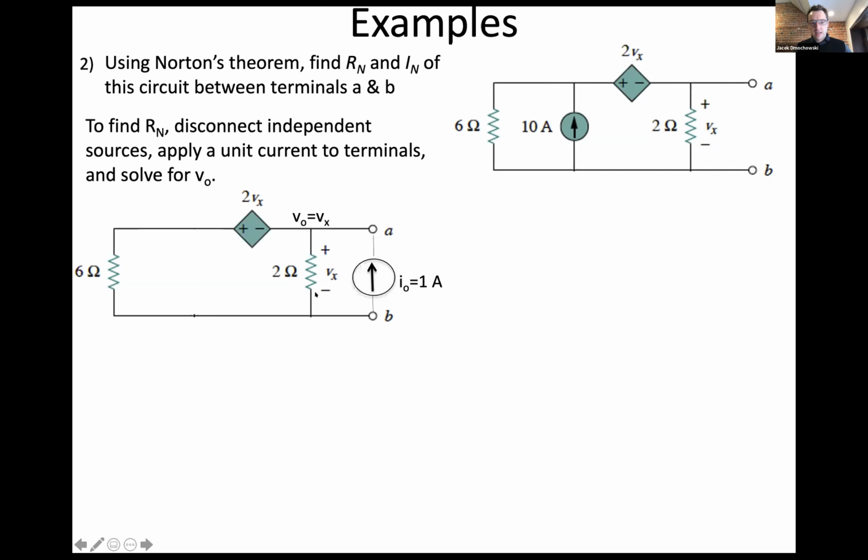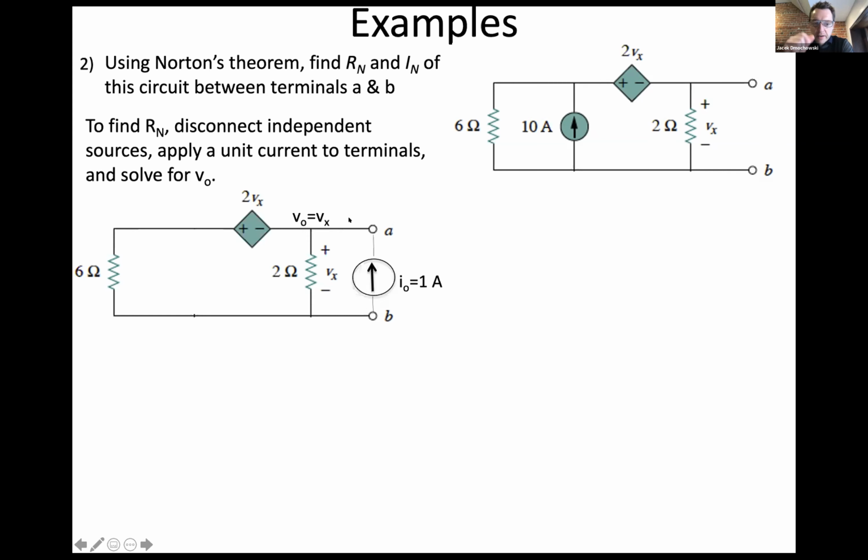So let's see. What Omar just said is that instead of applying a test current here of 1 amp, where we're interested in finding V naught, another approach would be to put in a 1 volt test source here and measure the current flowing in.